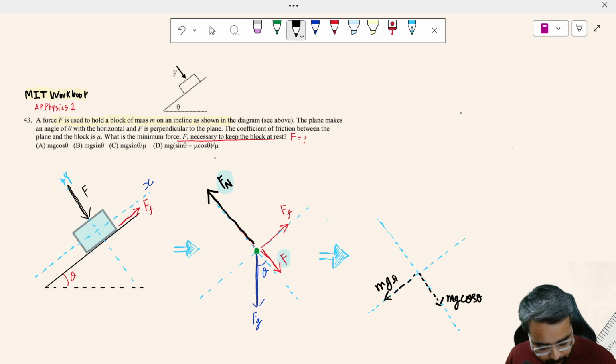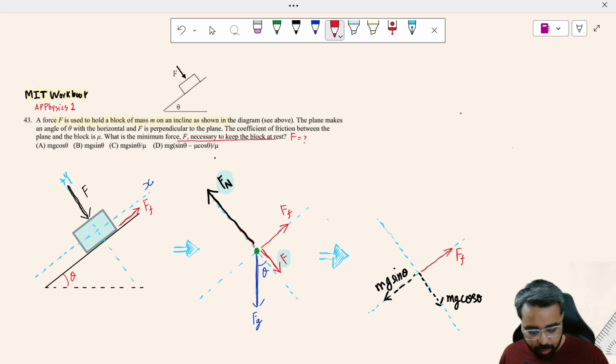So mg sine theta is only countered by the frictional force. All right, there's no other force that is countering this one. And we will also write it, because this is our equation, that the frictional force is equal to mg sine theta. So these are all the forces on the x-axis, but what about the forces on the y-axis?